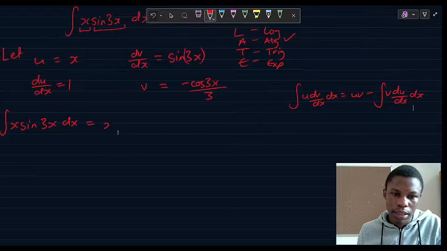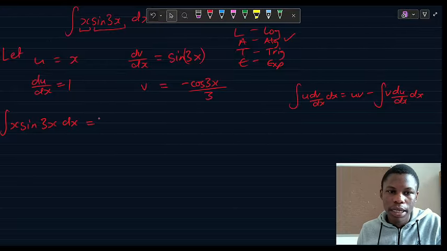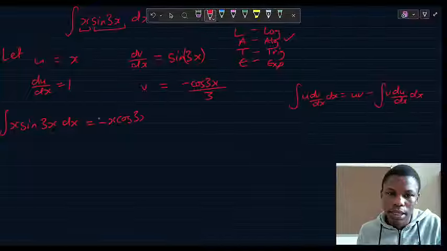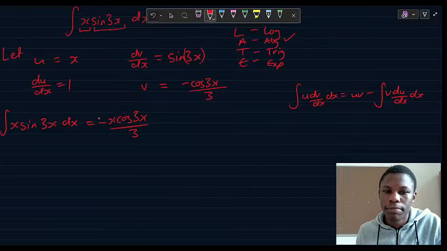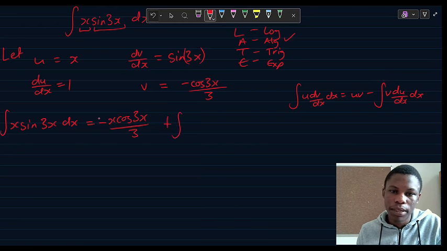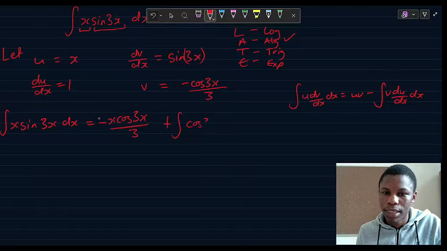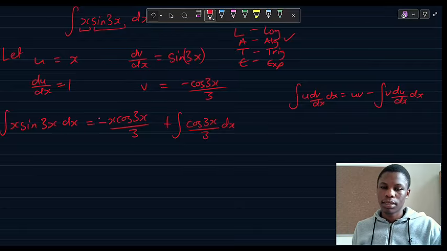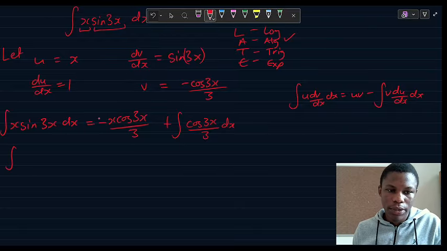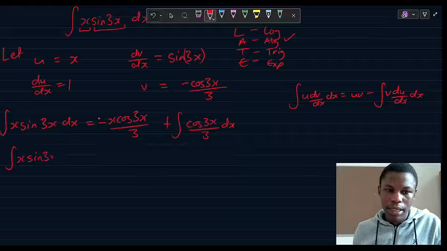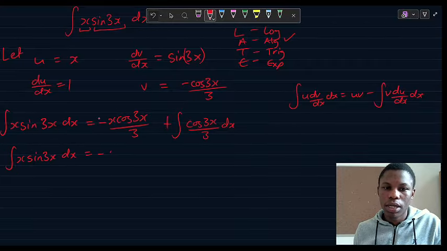So in our case here, our uv is going to be negative x cos 3x over 3 minus, well, I'm going to have minus and then this minus, so it becomes a plus, the integral of 1 multiplied by cosine of 3x over 3 dx. All right. And so the integral of x sine 3x dx is equal to negative x cos 3x over 3.